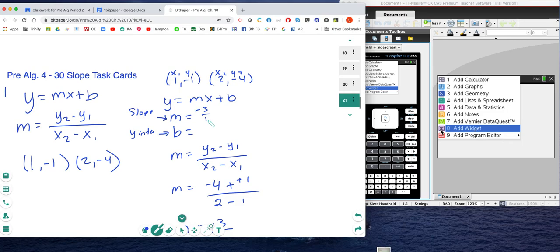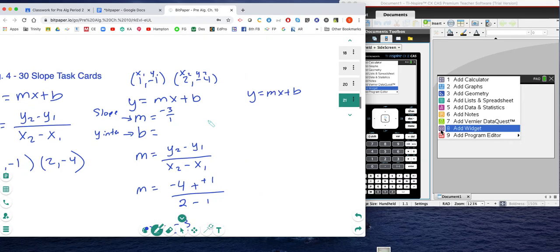Now we need to find b. So again, we're going to write our equation y equals mx plus b. And in order to find b, I need to have an ordered pair and a slope. So m equals -3 over 1 is already my slope, and I'm going to choose to use (1, -1).